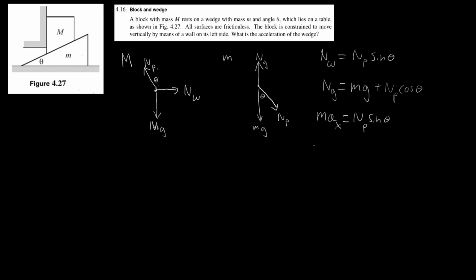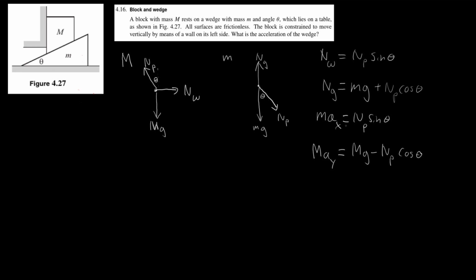You can see that the acceleration in the y direction of this larger block, big M, is equal to Mg minus NP cosine of theta. Now the signs on here are kind of weird, so let me just make sure. The acceleration in y will be in the same direction as gravity and opposite to the normal force for going upwards. So this should be correct.